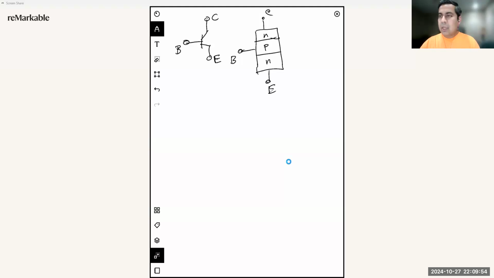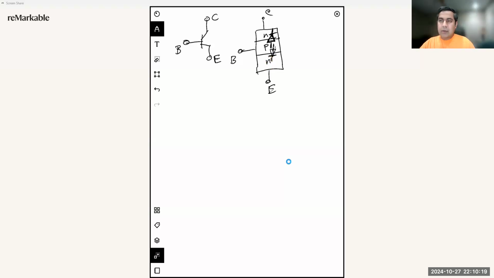Both are N-type. So the way you can see it is that there are two diodes, just like in NMOS and PMOS. We can see that there is a PN junction diode in this direction, and then again there is another PN junction diode in this direction from base to emitter.